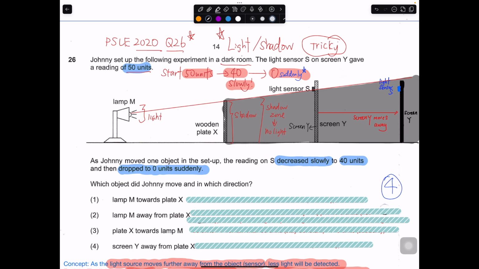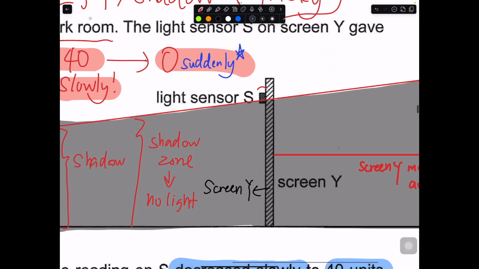And this part above it, there's light. So if you look at it carefully, you can see that some light is hitting the sensor, so that's why it gives rise to 50 at the start.